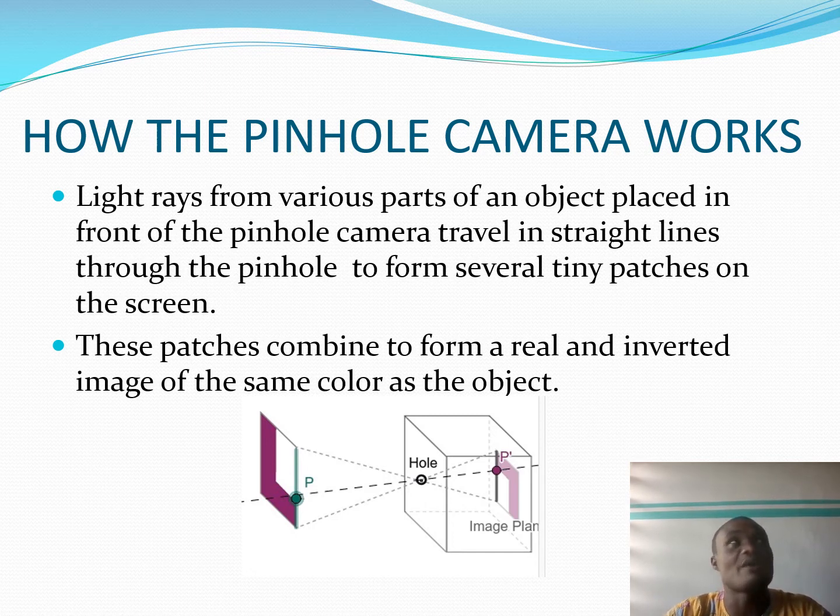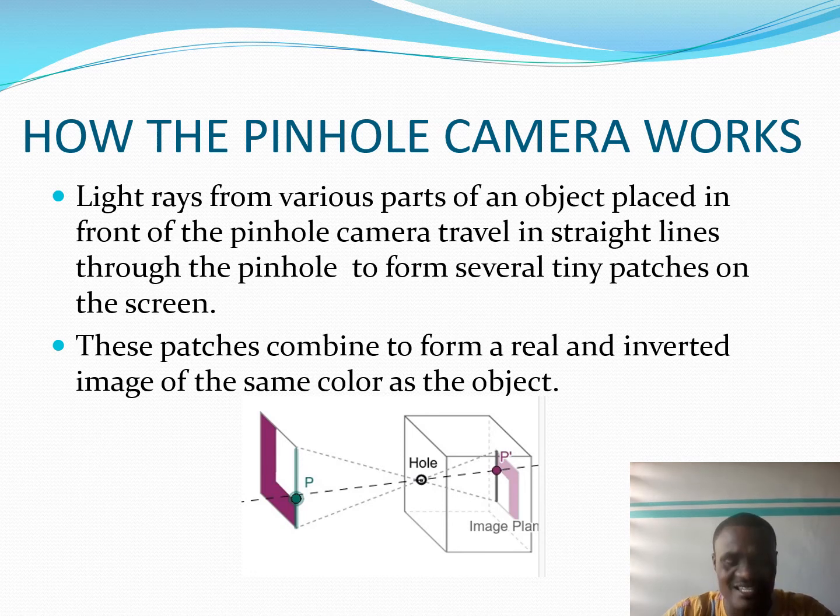When you show a mirror to the sun and reflect the rays onto the wall, it forms an image. That is a real image. The wall now becomes what? A screen. So you realize that these tiny patches combine to form a real and inverted image of the same color as the object.